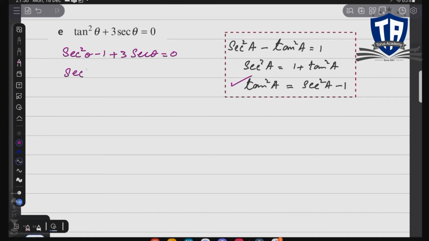When you rearrange it, it is a quadratic equation in the form of secant theta. Use the quadratic formula. Secant of theta is equal to minus 3 plus or minus the square root of 3 square, which is 9, minus 4AC.